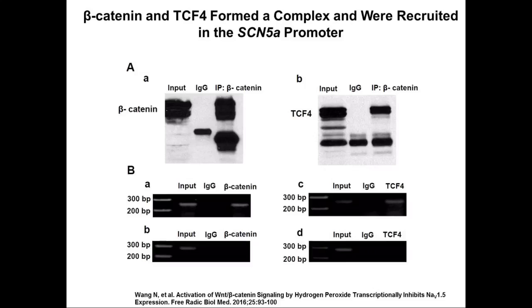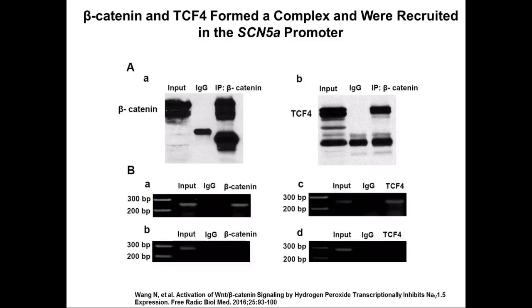We did immunoprecipitation to confirm that beta-catenin can interact with TCF4 in the ventricular myocardium. As you can see, beta-catenin can be pulled down by the beta-catenin antibody, and then with TCF4 antibody staining, TCF4 can be pulled down by the antibody to beta-catenin, indicating beta-catenin can interact with TCF4 in the myocardium.